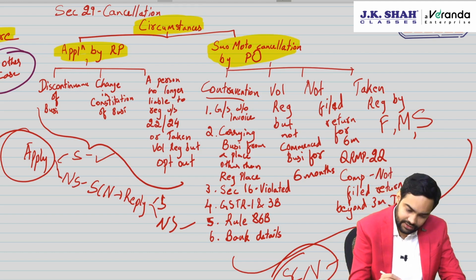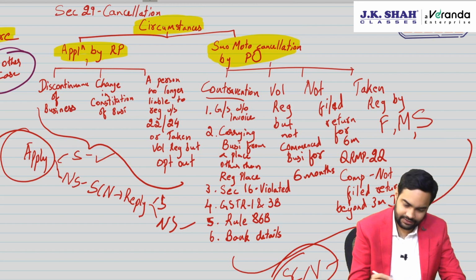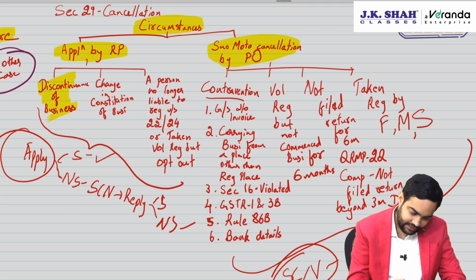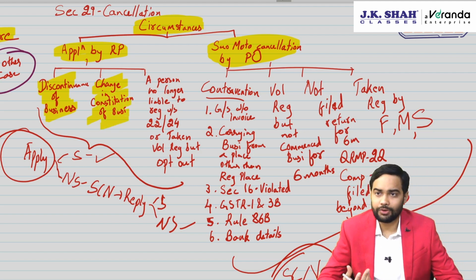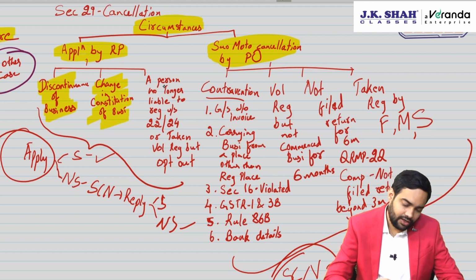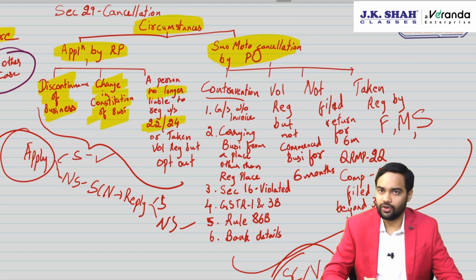Now, where will I make an application for cancellation? First, whenever there is a discontinuance of business. If there is a discontinuance of business, then I will apply for cancellation. Second, if there is a change in constitution of business, sole proprietor changing to partnership firm changing to company, or a person is no longer liable to register under section 22 or 24.